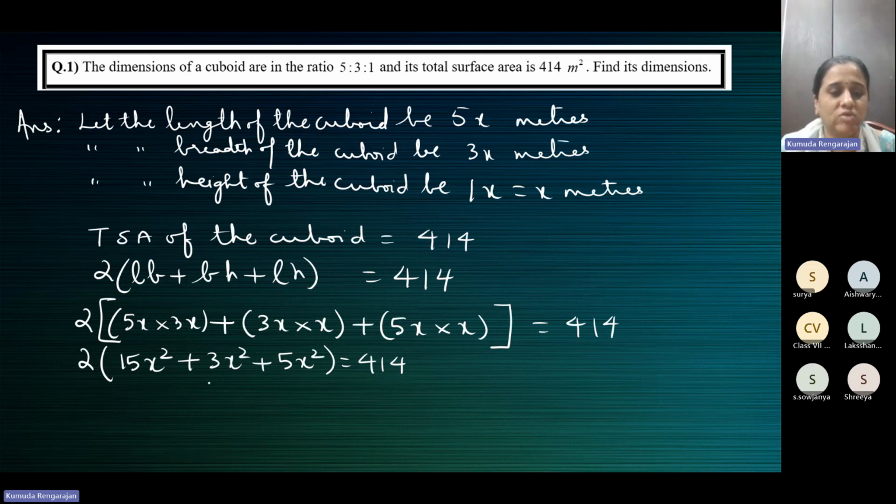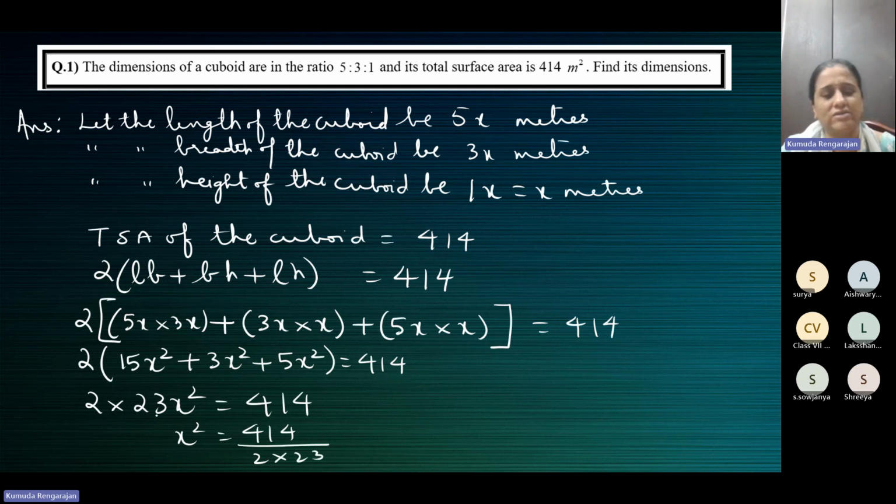You can find their sum: 23. So 2 into 23 x square is equal to 414. So x square is equal to 414 divided by 2 into 23. You can also write it as 46 and bring 46 for division.